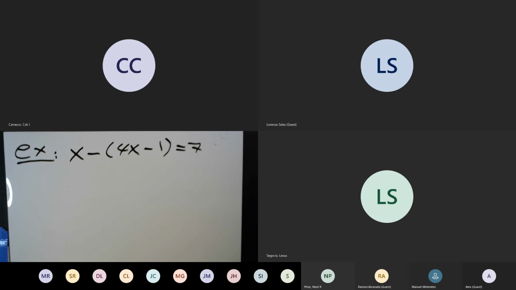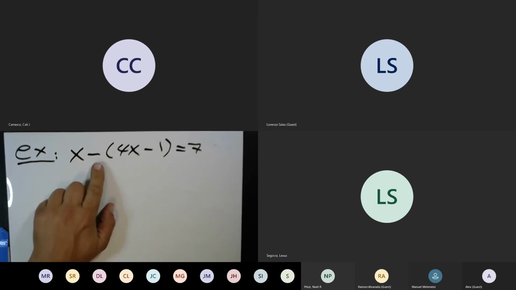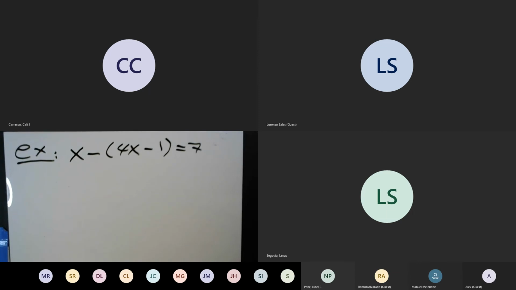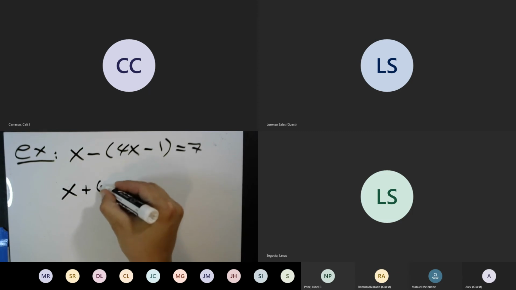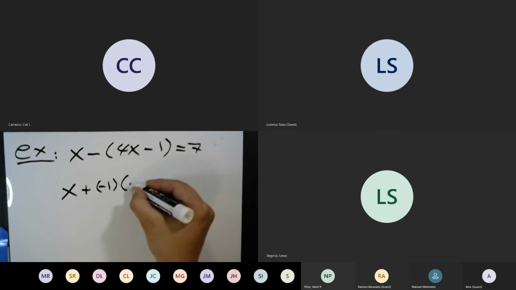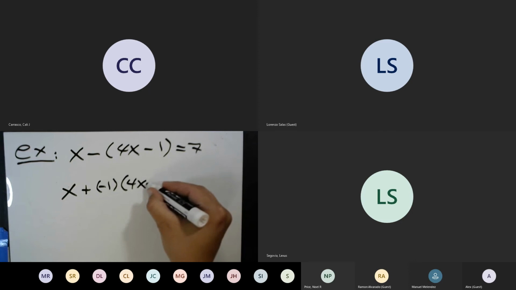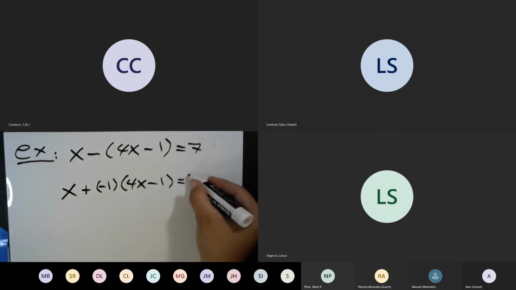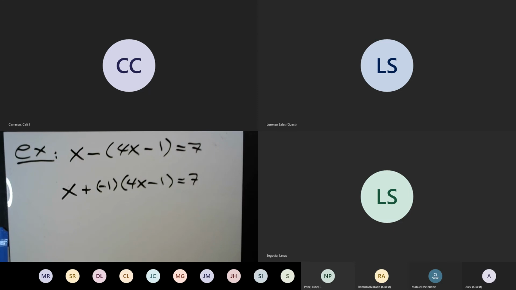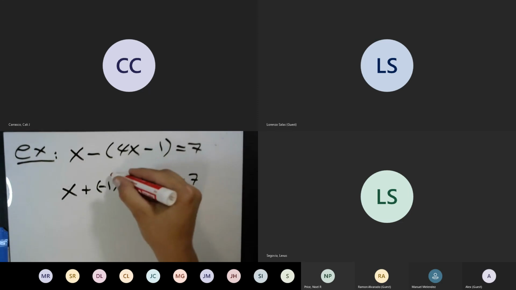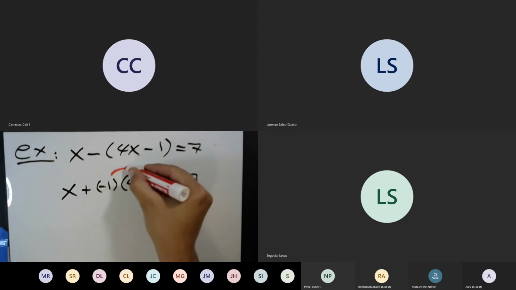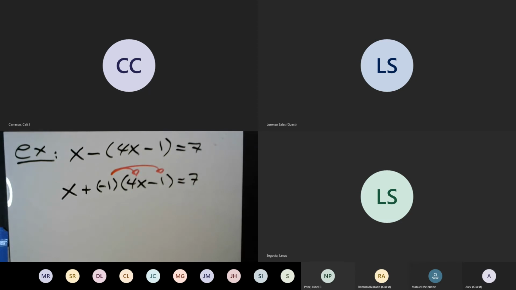Now, what we do in this problem, this minus sign, we treat it like it's a -1. We can treat it like this and then distribute the -1 like that.